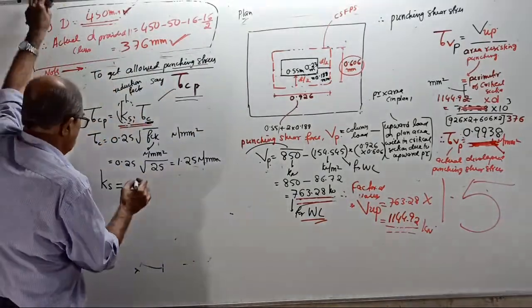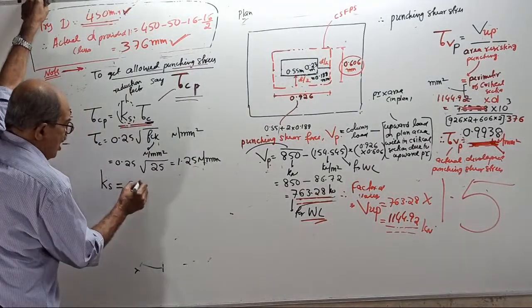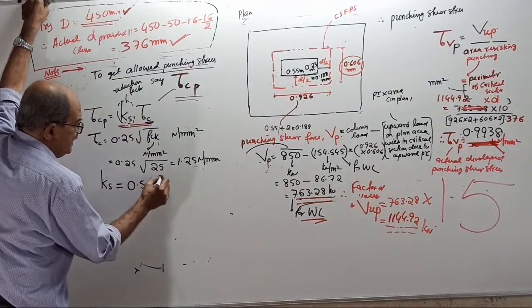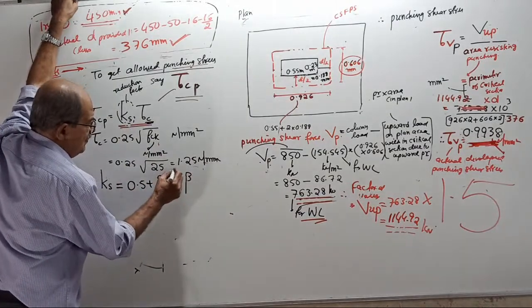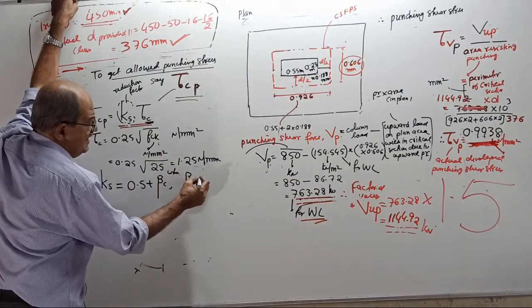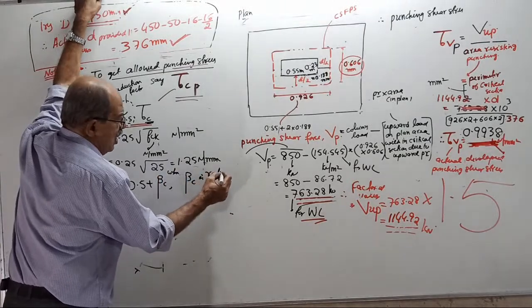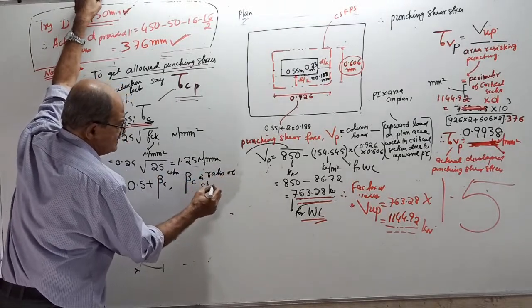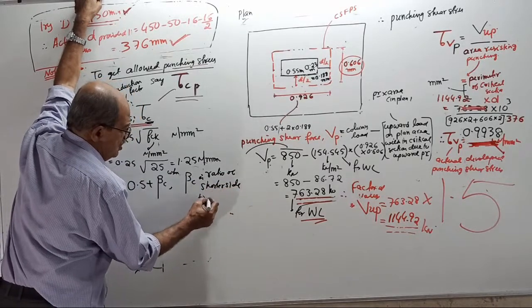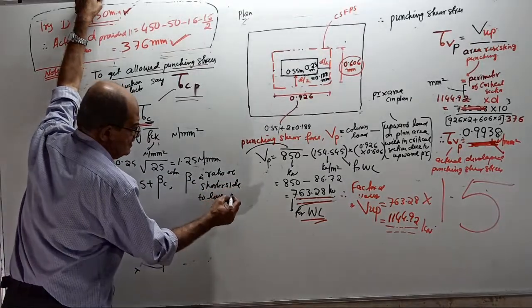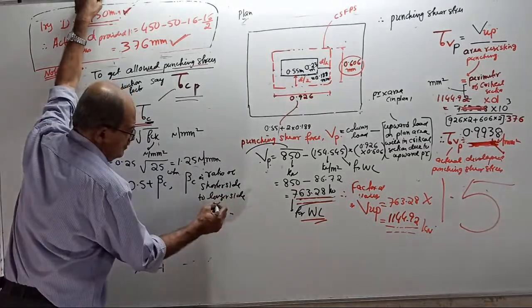See, they told Ks equal to 0.5 plus beta C, where beta C is the ratio of shorter side to longer side of the column.